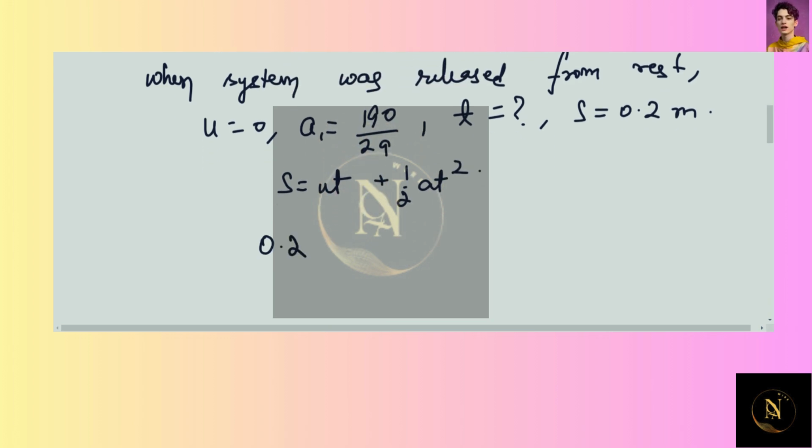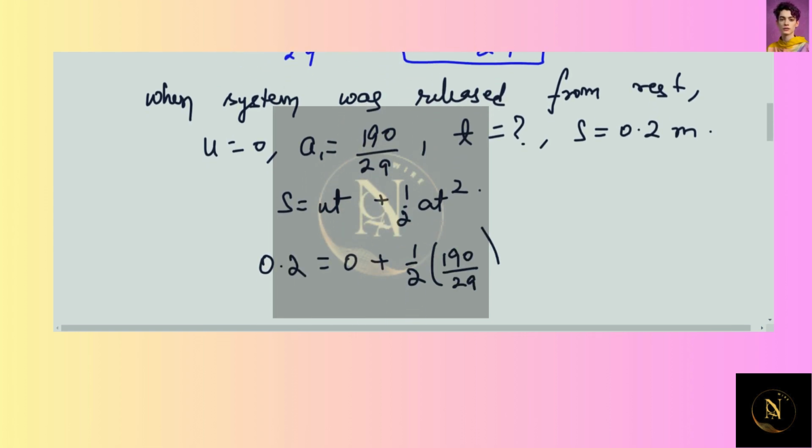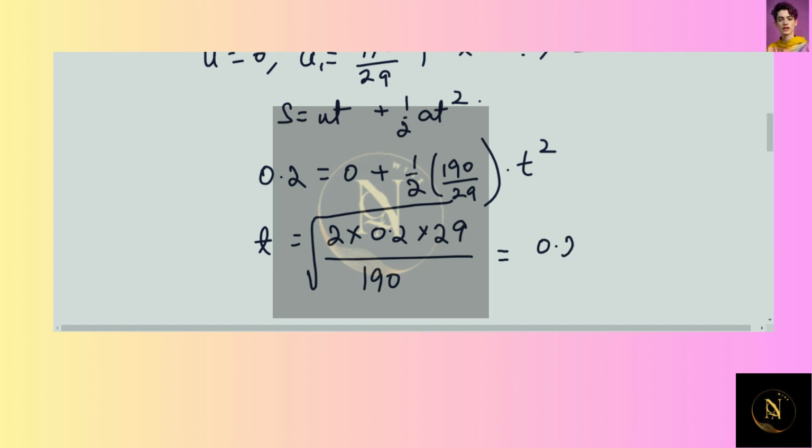So 0.2 is equal to 0 plus half into 190 by 29 into t squared. From here we figure out the value of t. After rearrangement we get the square root of 2 into 0.2 times 29 over 190. Approximately this comes out to be 0.24 seconds. So this is the time taken for the block M1 to reach the pulley or to strike the pulley.